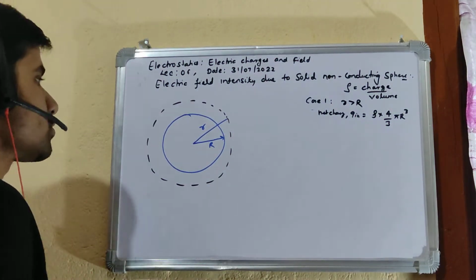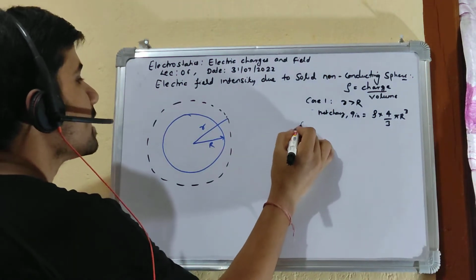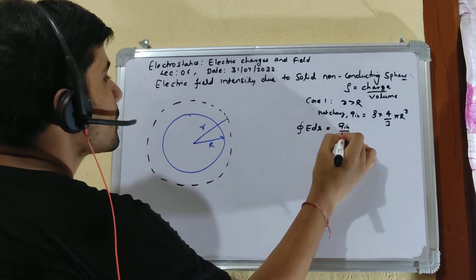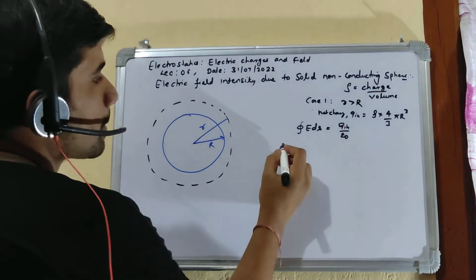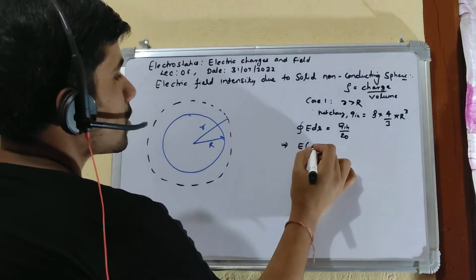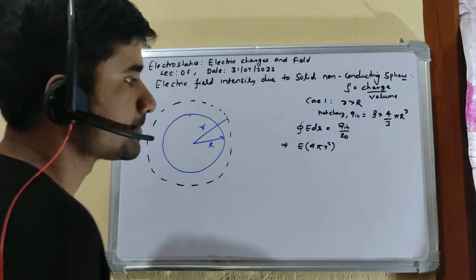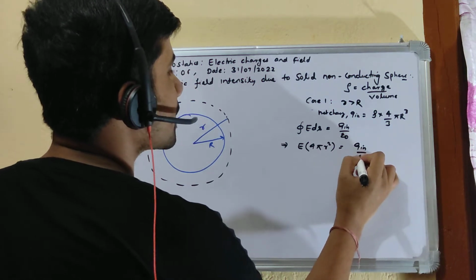Okay, so now applying Gauss's law here. Gauss's law states that the surface integral of electric field intensity is given by charge enclosed by epsilon naught, right? So E into the area of this particular Gaussian surface, which is 4 pi r square, right? It will be given by what? Charge enclosed by epsilon naught, right?